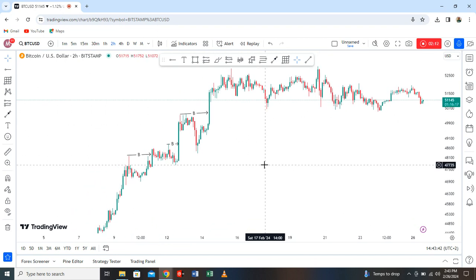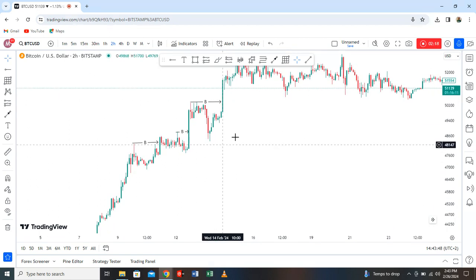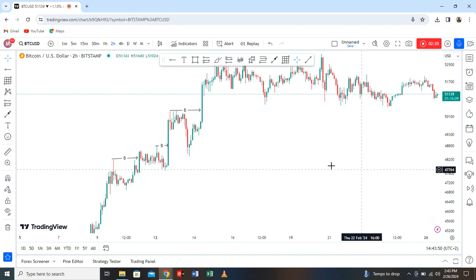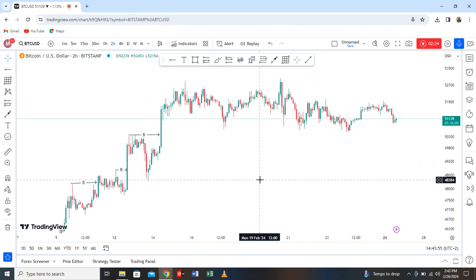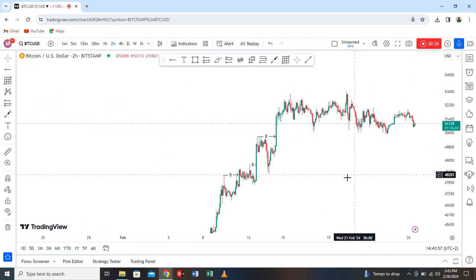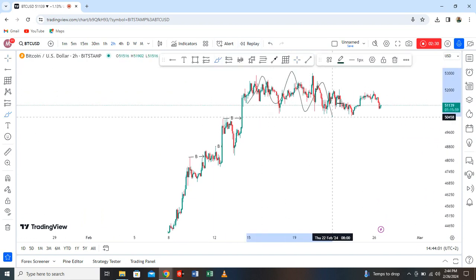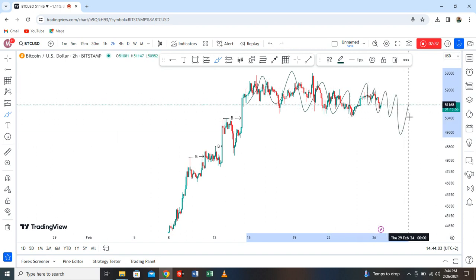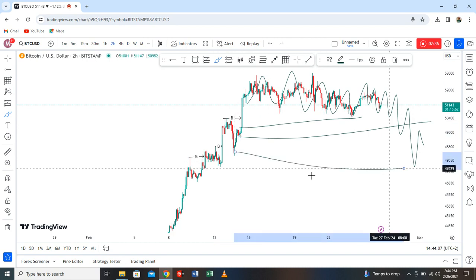So the reason why I'm marking my break of structures, guys, is to look for the area of interest or our order blocks. Our correctional phase or our correctional pattern, they mainly end closer to or in our order blocks.